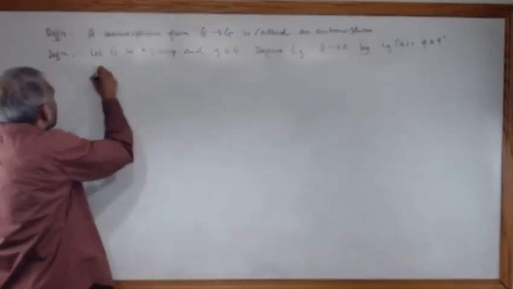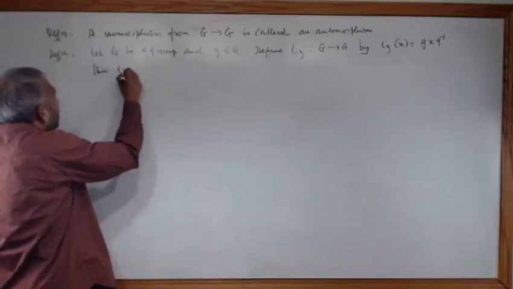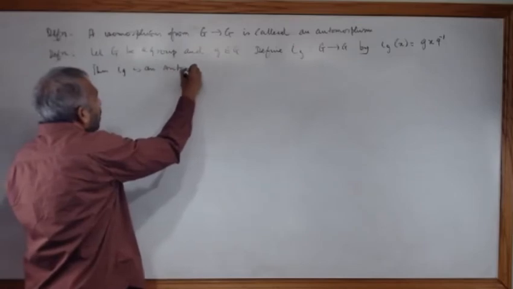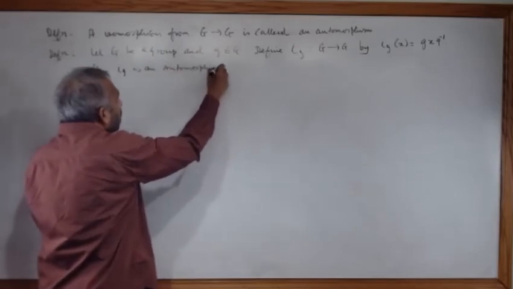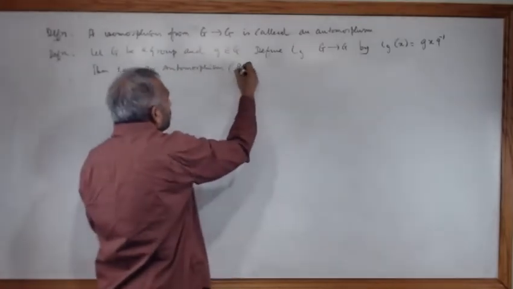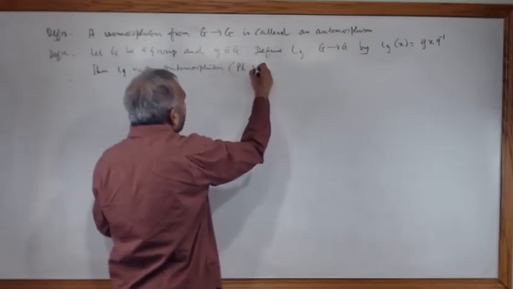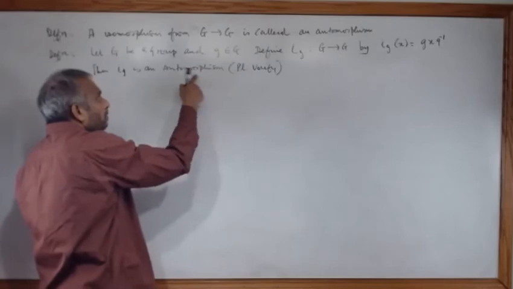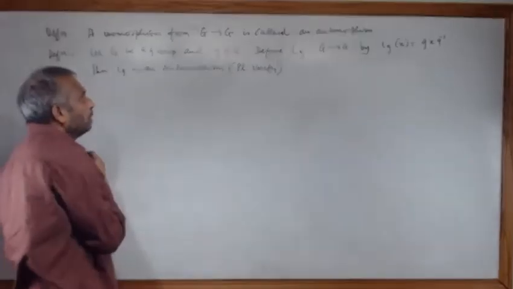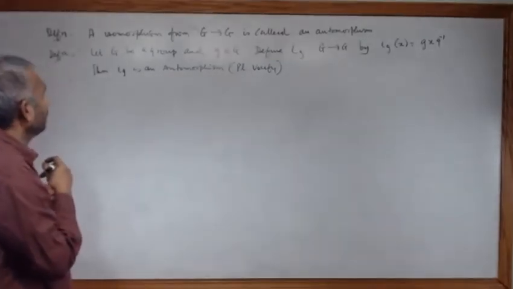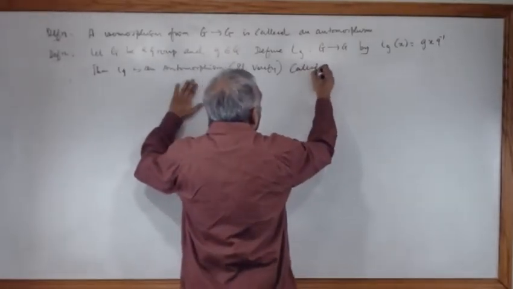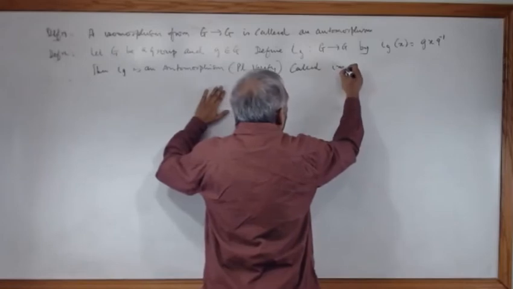Then ig is an automorphism. I am going to leave it to you as an exercise. Please verify this is a bijective homomorphism. It's an automorphism called inner automorphism.